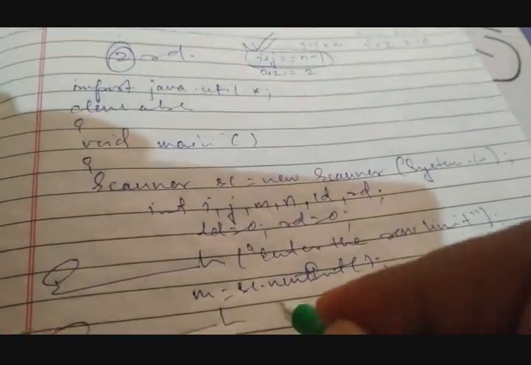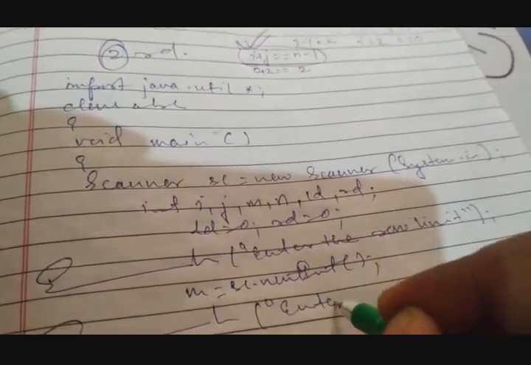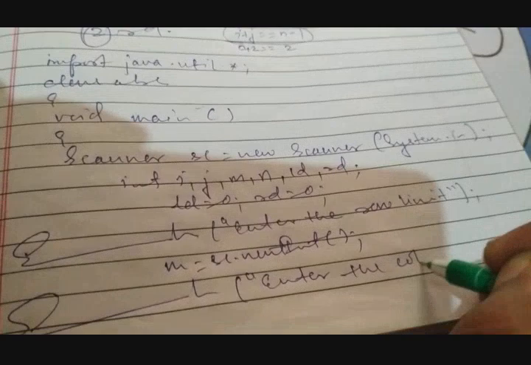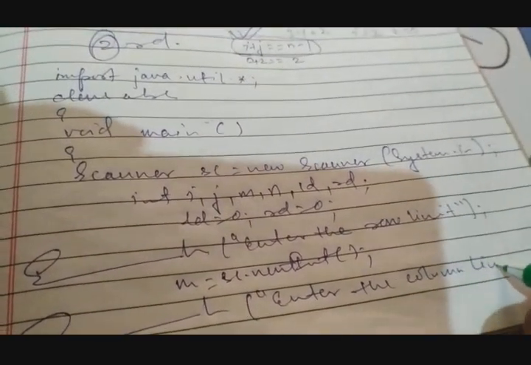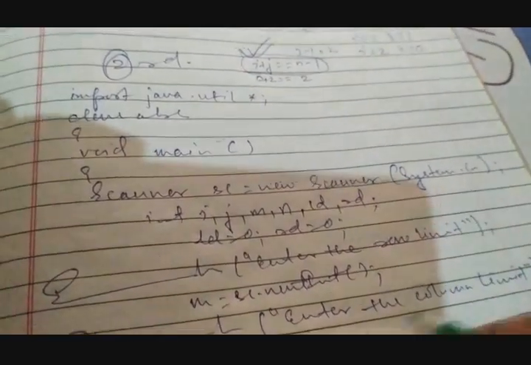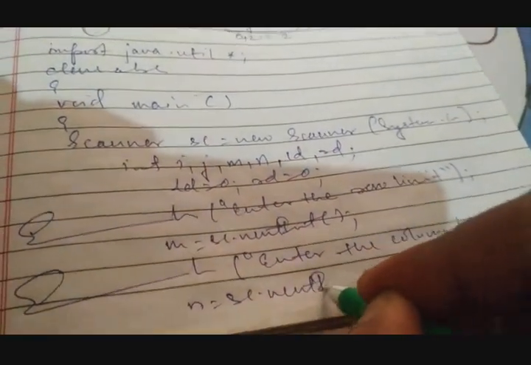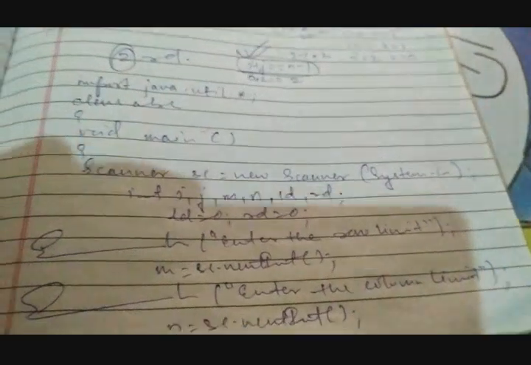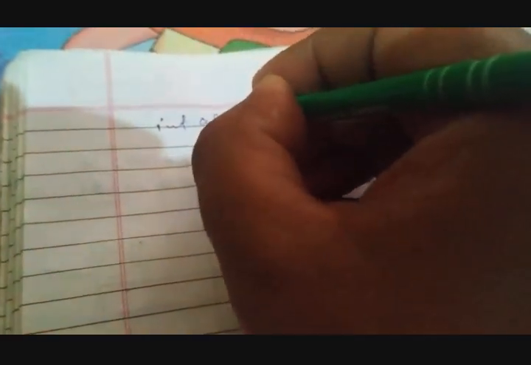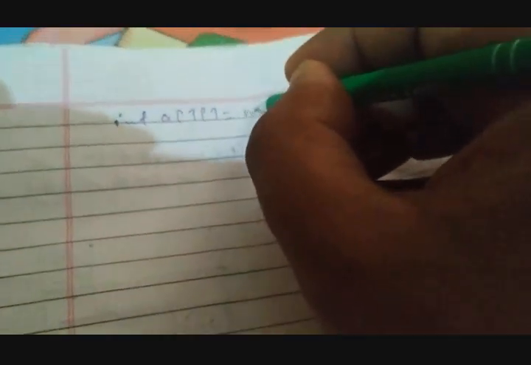Then enter the column limit, n equals sc.nextInt method. Create an array, int array equals new int m n, and then enter the elements.